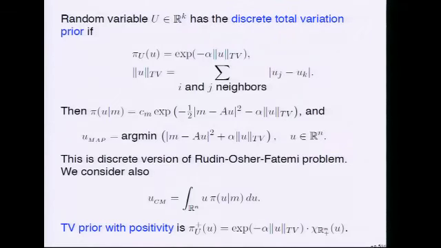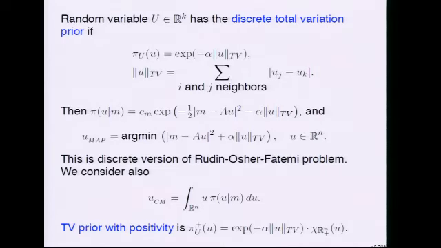If we have Gaussian noise in the measurement, then the posterior probability density function here is the product of a Gaussian function and this a priori density function. And if I just look at the maximum a posteriori estimate, this is equivalent to this type of total variation regularization, developed by Rudin, Osher, and Fatemi.